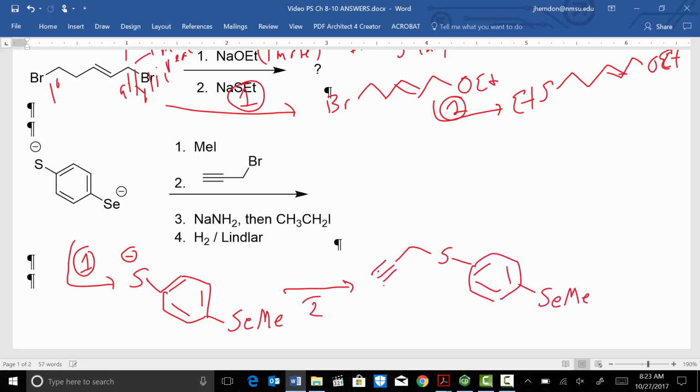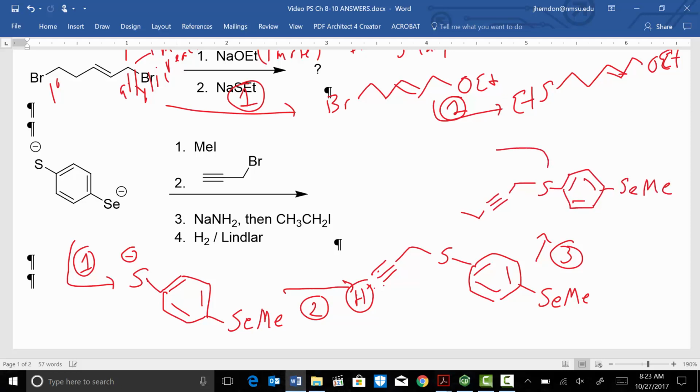In step 2. In step 3, we're going to take the terminal alkyne here. Remember, we have a hydrogen, and we're going to remove that proton and replace it with an ethyl group through the SN2 reaction. And so in step 3, we're going to get this compound here.